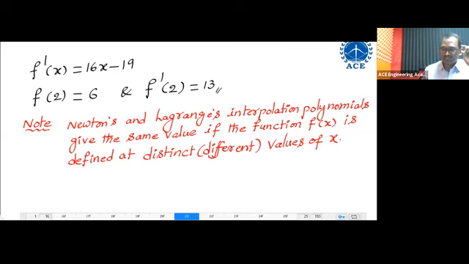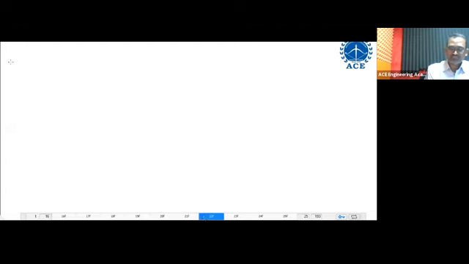Already we did the same problem using Lagrange's and Newton's interpolation polynomials. Problem number 2. Write this.